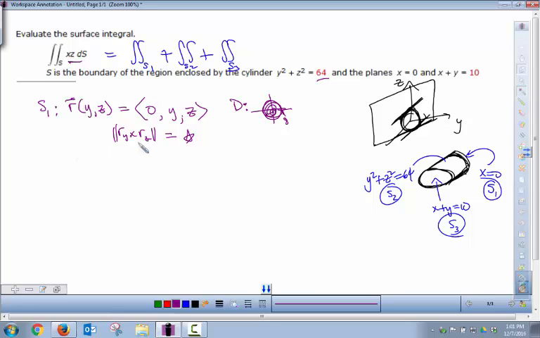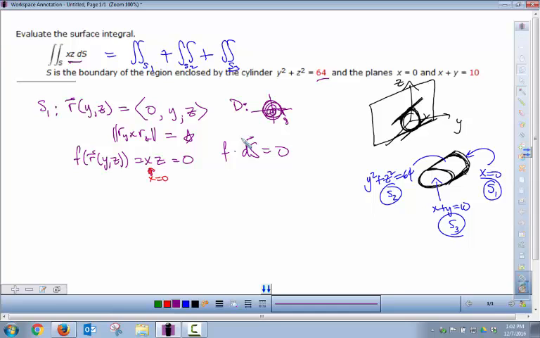That's because once you figure this out, your integrand is going to be your f evaluated at r of y, z, which is going to be x times z. Well, x is equal to 0. So it turns out that this whole thing is equal to 0. So when you multiply it by the magnitude, your whole integral is going to be equal to 0, and then you're done.